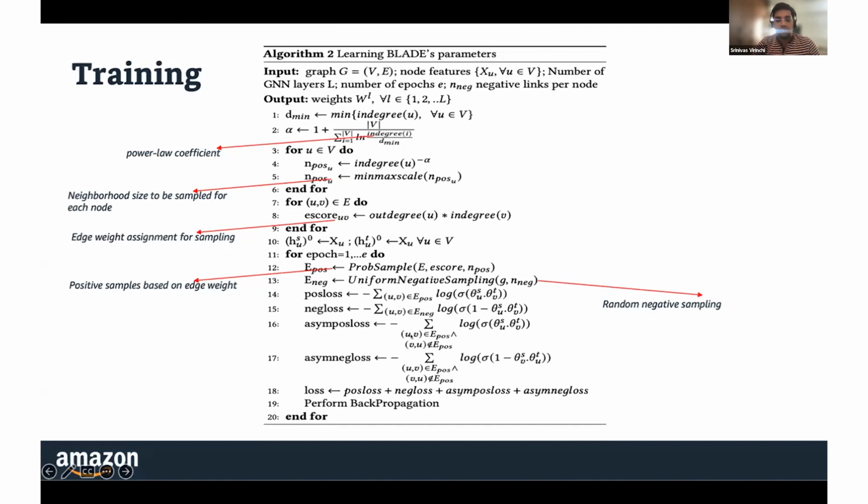In case u comma v is present and v comma u is not present, which is only one directional edges, you would explicitly add this. So the whole loss comes from line 18, and essentially this is the path of training.